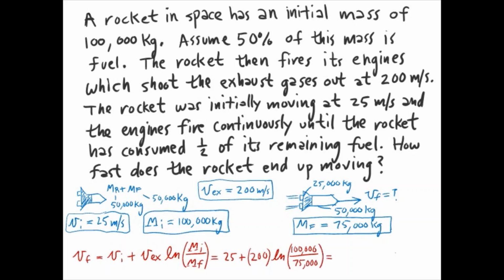And here's where we pick up our handy dandy calculator. You can try this at home if you would like while I'm doing it. 100,000 divided by 75,000. Then we take the natural log of that, and I multiply that by 200. And now I add that on to my 25 meters per second, and you can double check me, but I'm getting an answer of about 82.5 meters per second. So the rocket will be moving at a much higher rate of speed after this process.